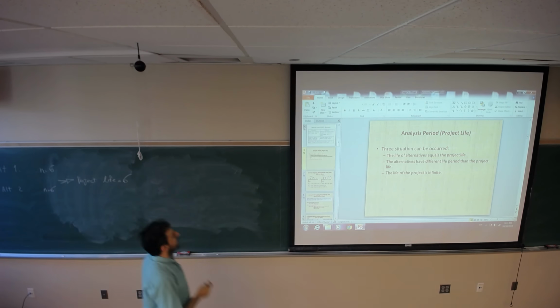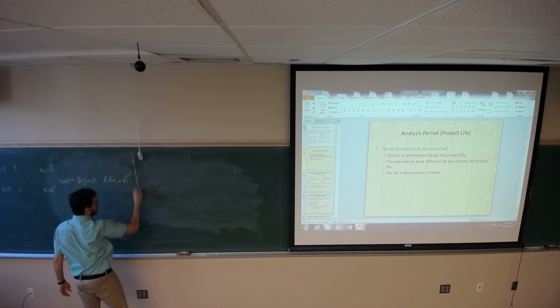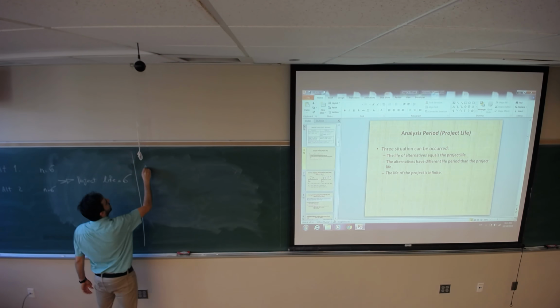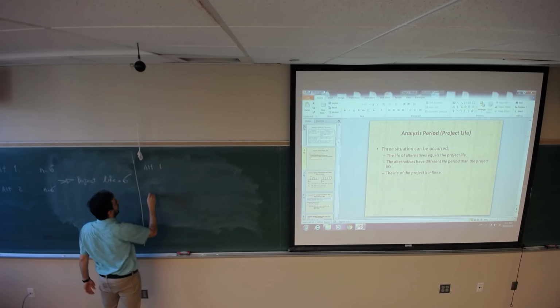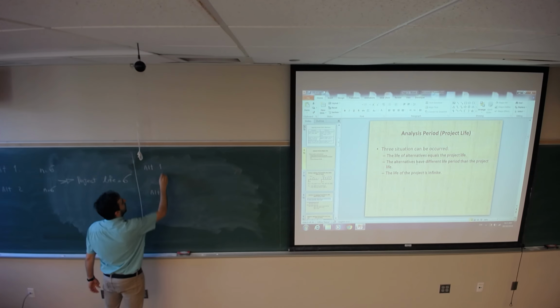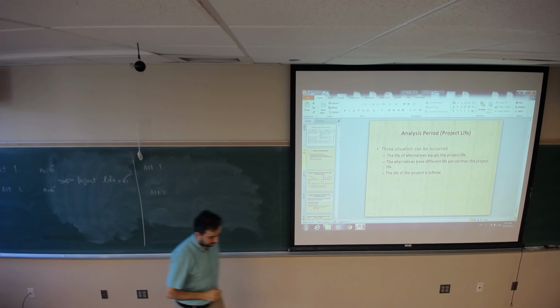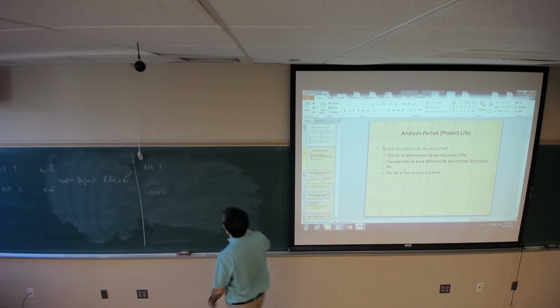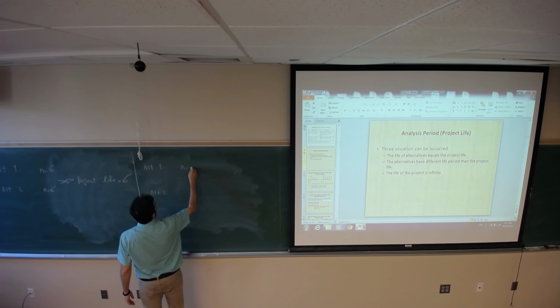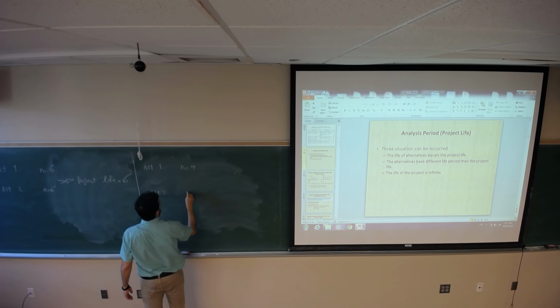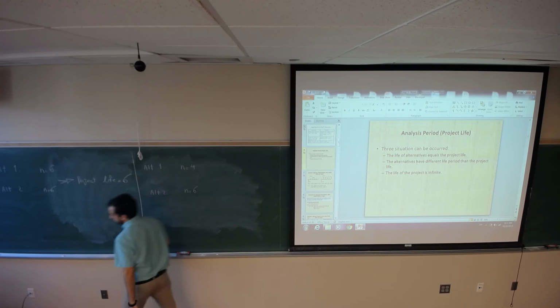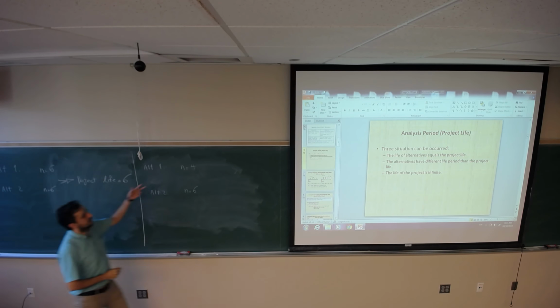The second thing which might happen is that alternative 1 and alternative 2 might have two different useful lives. One equipment can work for 4 years, the other one can work for 6 years. So they are not the same, so the project life cannot be 6 or 4.